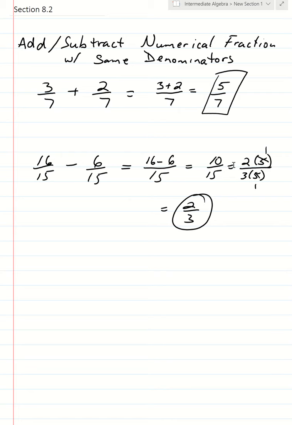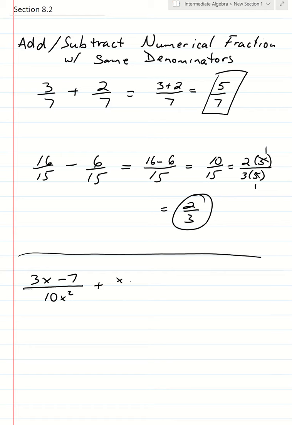Let's try one that involves some algebraic fractions. For example, let's say we have (3x minus 7) over 10x squared. And we want to add to this (x plus 7) over 10x squared.